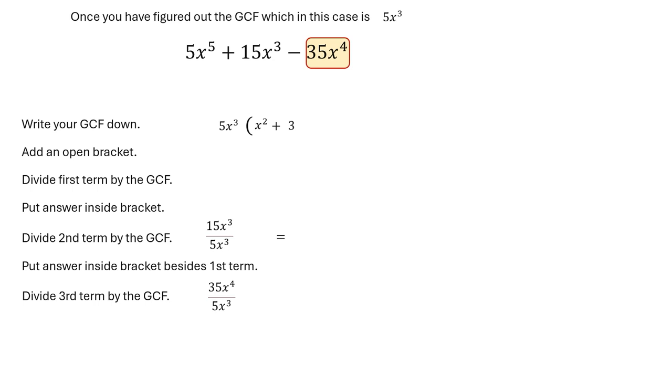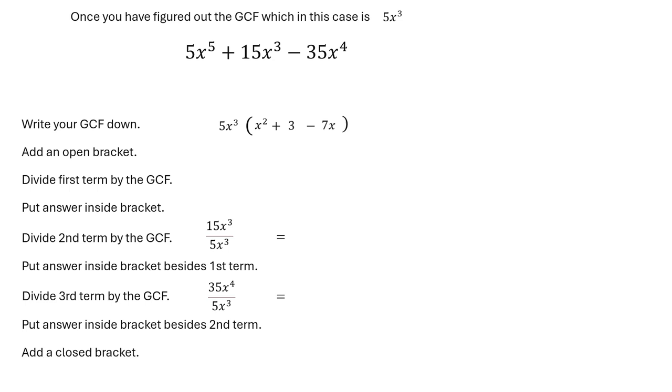And that will give us 35x to the 4th divided by 5x to the 3rd. Our answer is 7x. It was negative 35x to the 4th, so we'll put in a negative 7x. We'll close our bracket, and there's our answer.